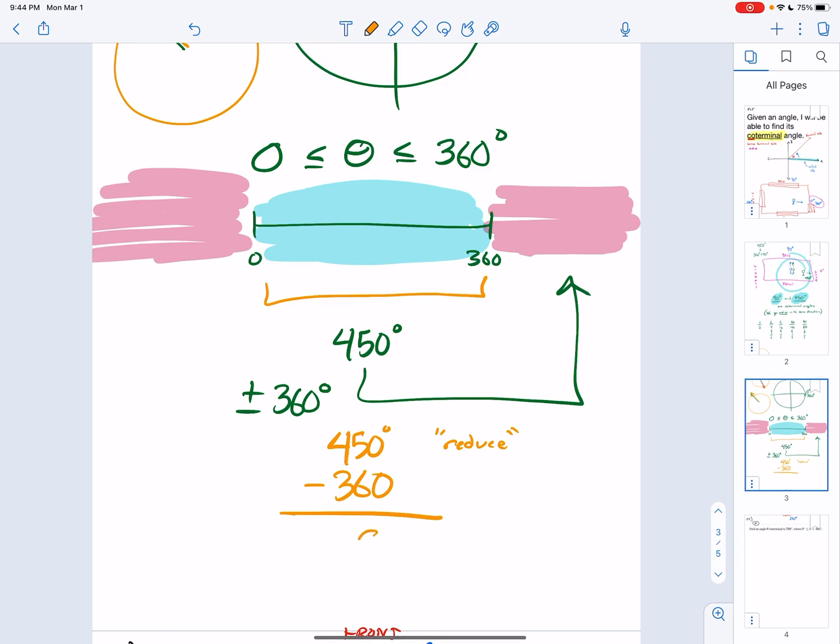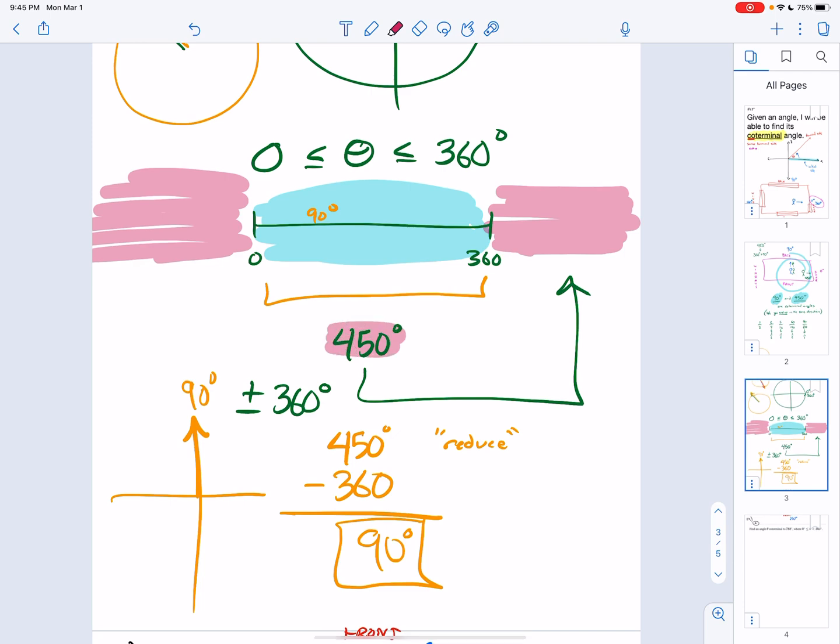And when you subtract that, you get 90 degrees, which is definitely something inside of 0 and 360. So we know it's something that's upward facing. Again, 90 and 450 are coterminal angles, and they end up in the same spot. So they're equivalent in a sense.